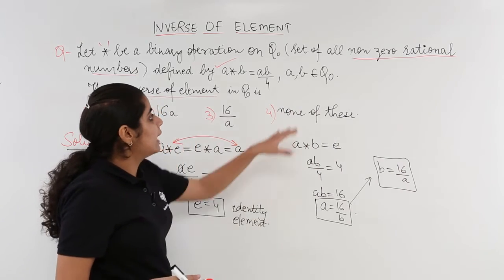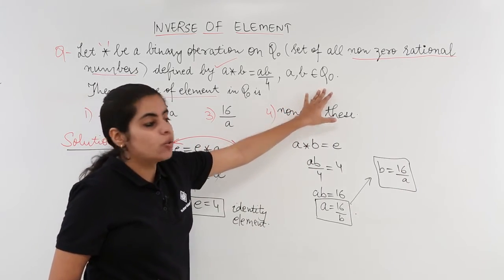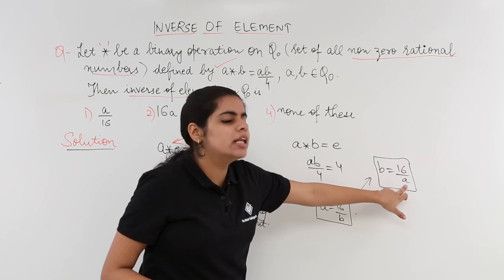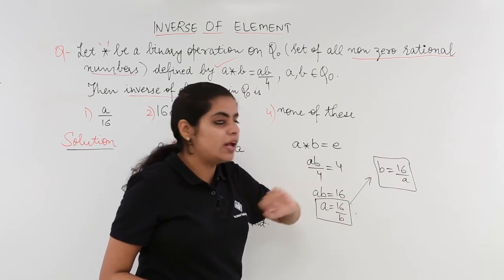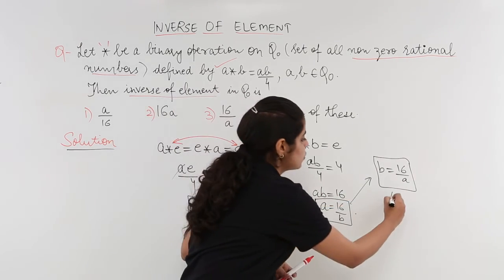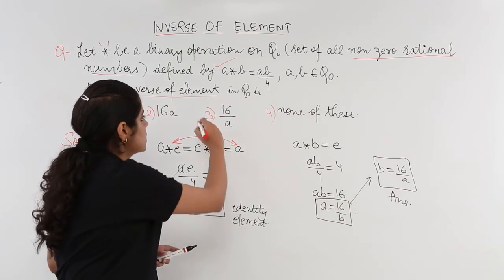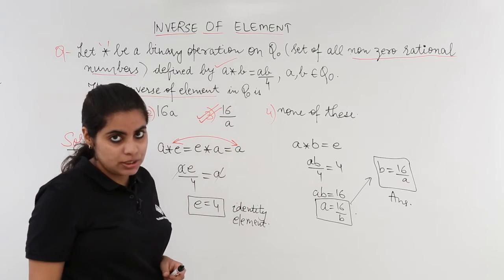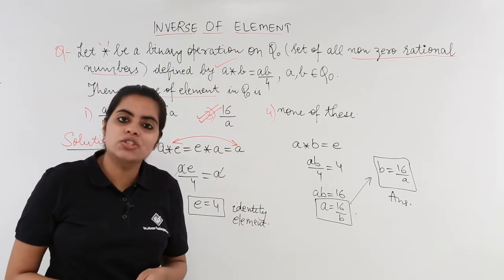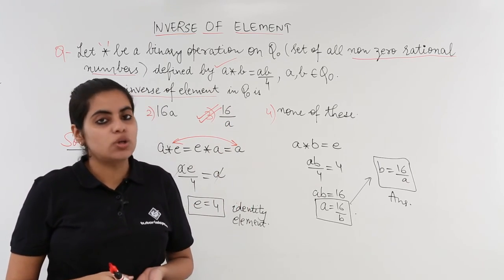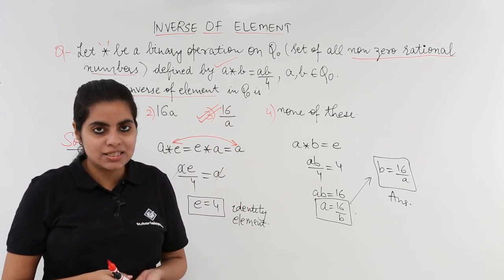Why? Because my A and B are non-zero, so in the denominator we never would have 0. This value will always exist. And so 16 upon A is my answer. Let's see what option it was. It was option number 3. So the answer to this question of inverse of an element is option number 3, which is 16 upon A.